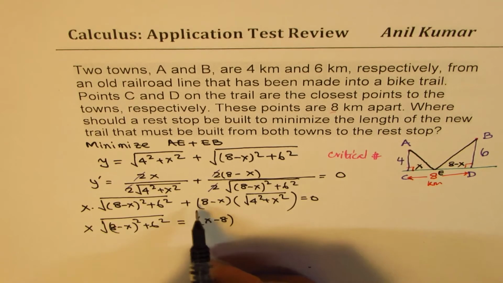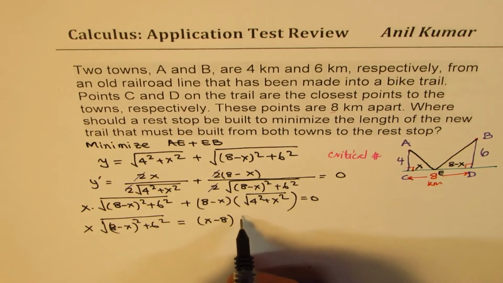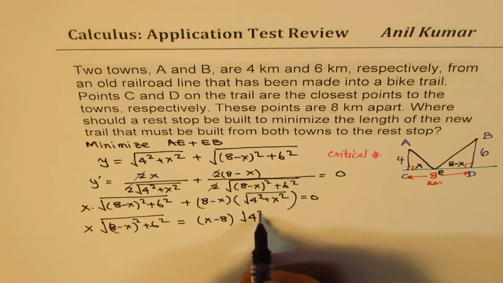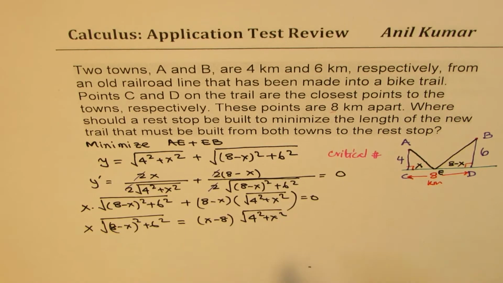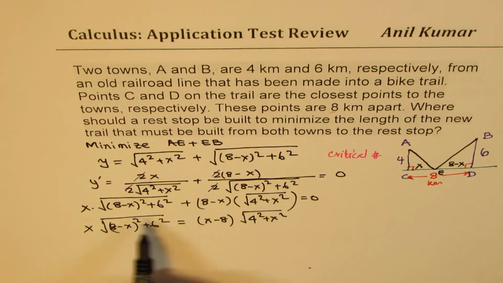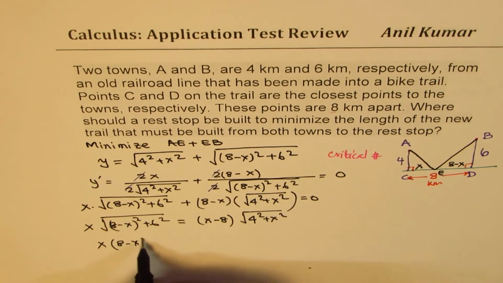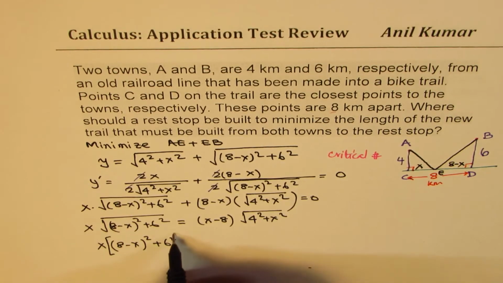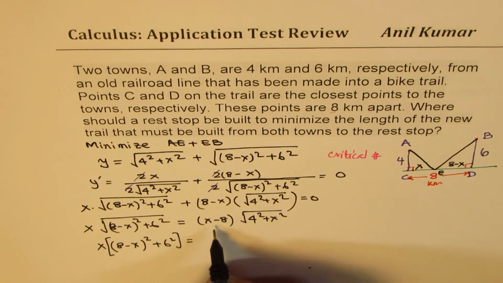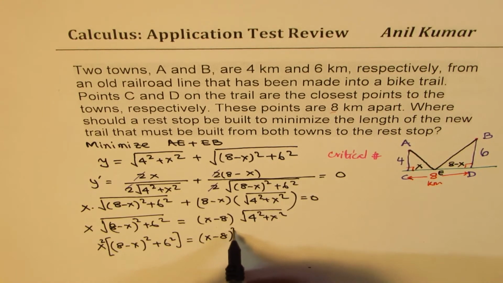Does it make sense to you? So that is the negative of this, right? Times the square root of 4 squared plus x squared. Now we can square both sides, getting rid of these square roots. So we get x times (8 minus x) whole squared plus 6 squared, everything in brackets, equals, when you square, that becomes squared. This also becomes squared.